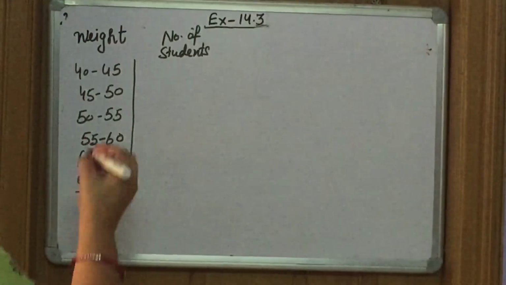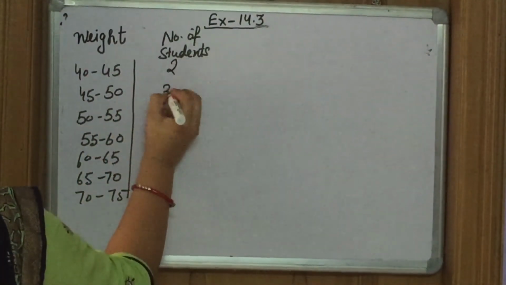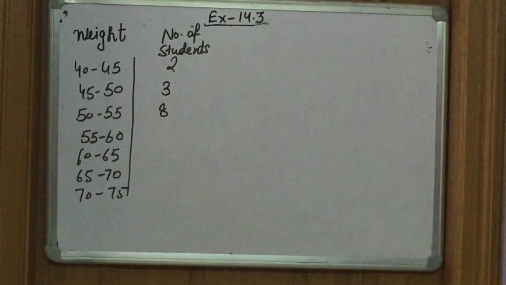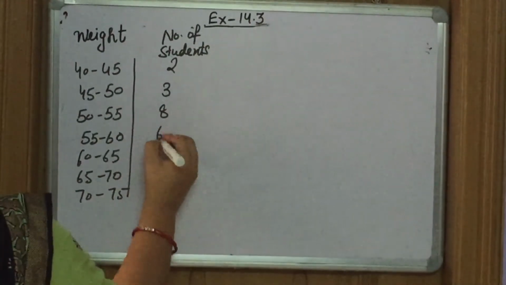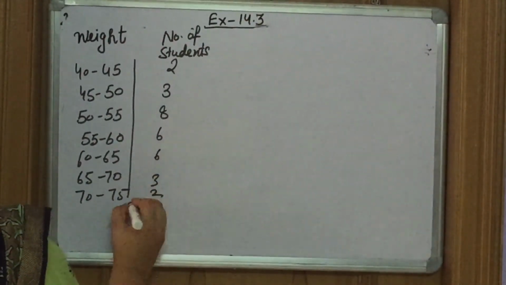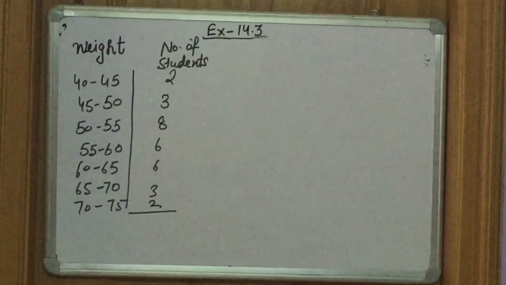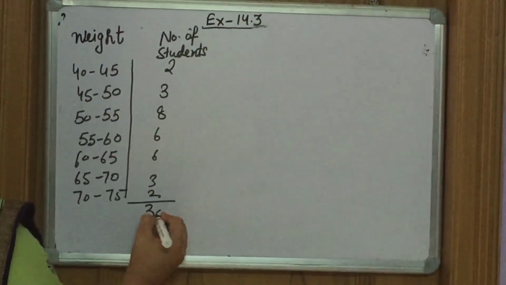And the number of students is given: 2, 3, 8, 6, 6, 3, 2. And the total number of students is also given, this is equal to 30.